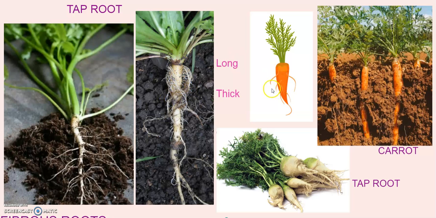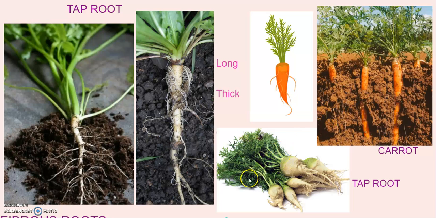You find a taproot like this in the carrot plant. This is the carrot plant. How is this carrot plant? Yes, it has a straight, long and thick root. This is the root of a carrot and this is the plant of a carrot. Around this carrot plant you find small, thin roots.